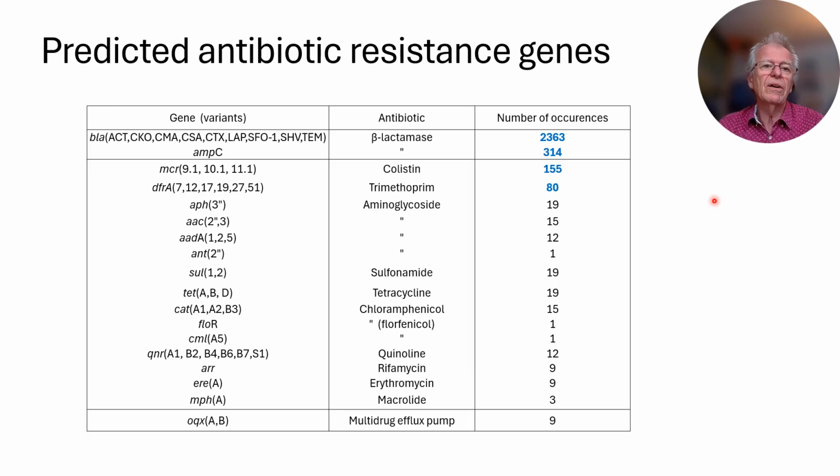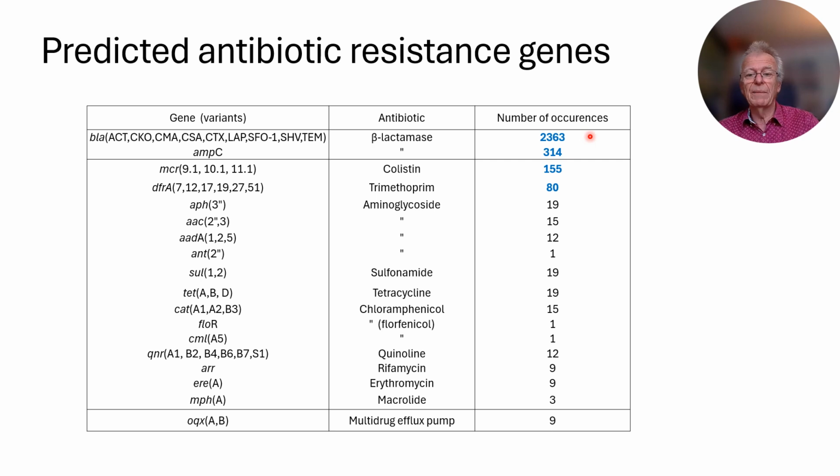When we purely look at the resistance genes, the genes which occurred most frequently were the bla beta-lactamase genes, 2,363, and there's at least 9 varieties or variants of the bla genes which were there. There was also ampC, 314.